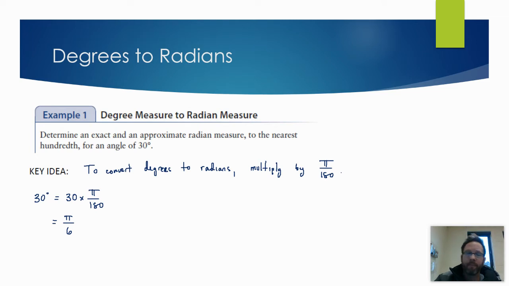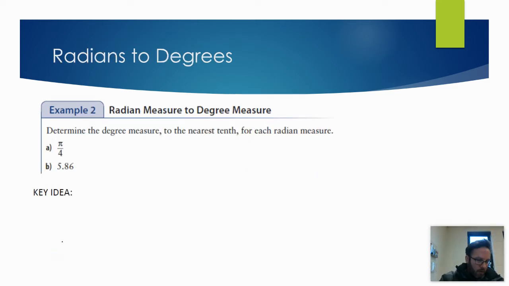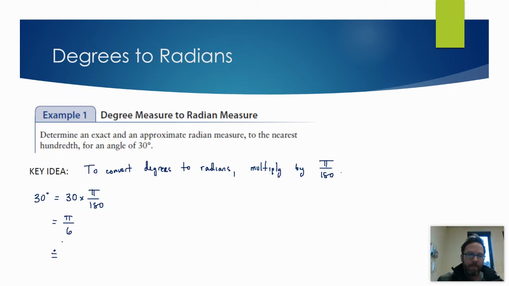Approximately how many radians is this? So we'll do pi divided by 6. I seriously lost my pi button. 3.14159 divided by 6. So about 0.52 radians.